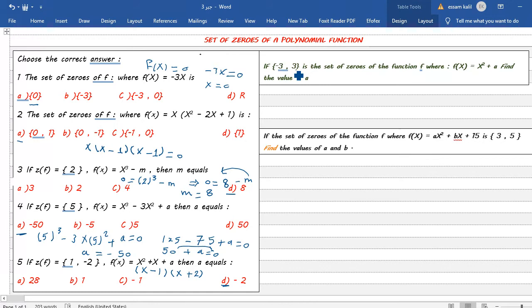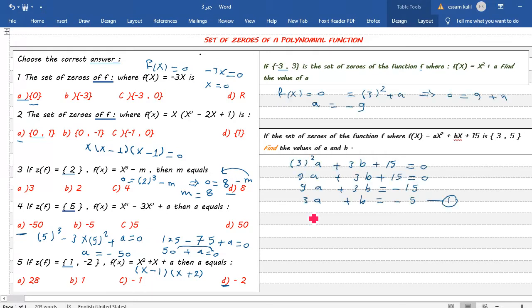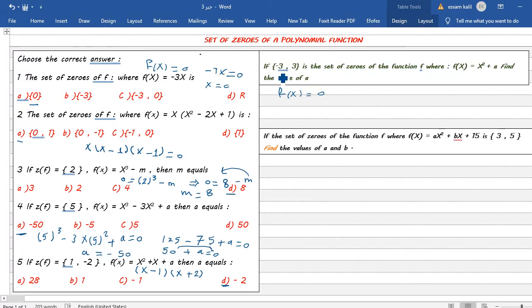If negative 3 comma 3 is the set of zeros of the function f, where f of x equals x squared plus a, find the value of a. Put f of x equal 0 and substitute x equal 3 or negative 3.